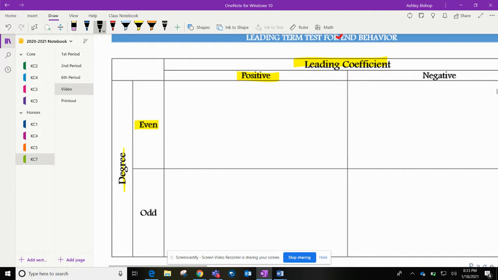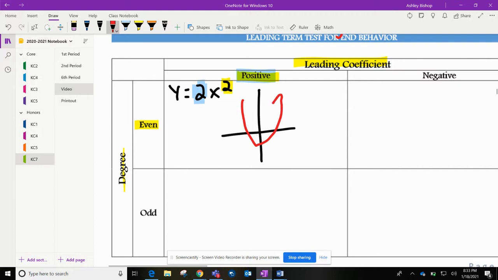So for an example, if we do y equals 2x squared, so it has an even degree, degree is the tiny number, and a positive leading coefficient, the graph would look kind of something like this. Not exactly, but I can draw a rough sketch of what it would look like. It looks something like this.